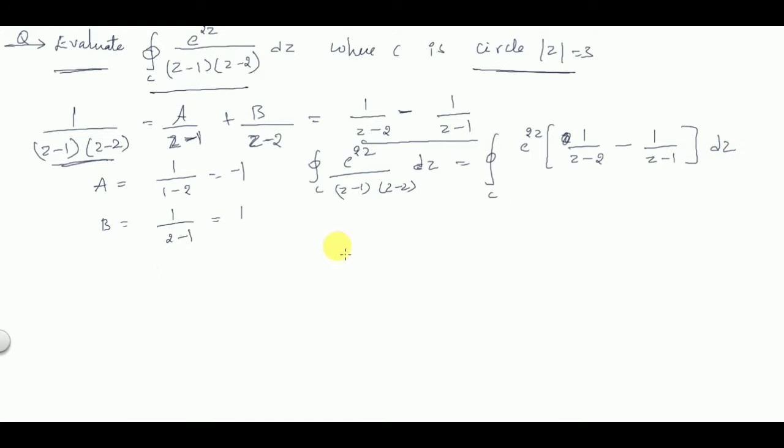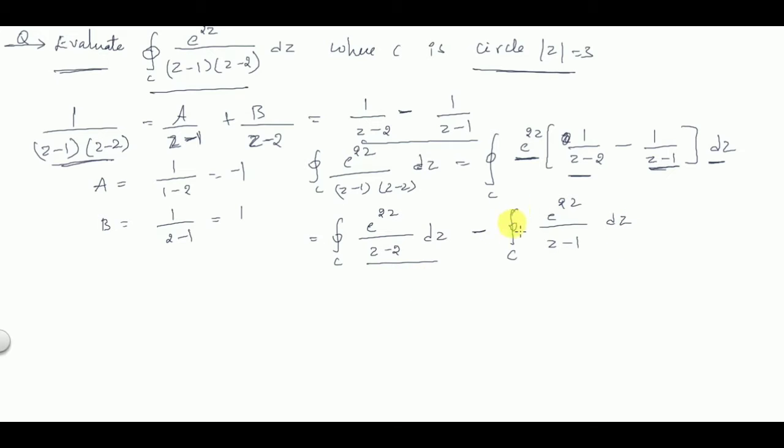Separating it, it will be the integral over C of e power 2z by Z minus 2 dz minus the integral over C of e power 2z by Z minus 1 dz.